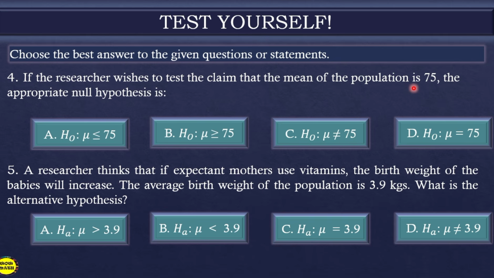So, yung word na is, that is equal. So, therefore, letter D. And number 5, ano yung claim natin dito? The average birth weight of a population is 3.9 kilograms. So, ano yung alternative hypothesis natin? Not equal. Okay, so letter D then. Okay?